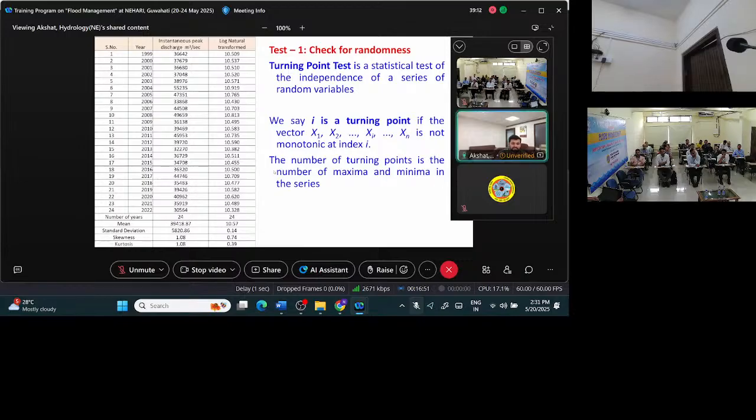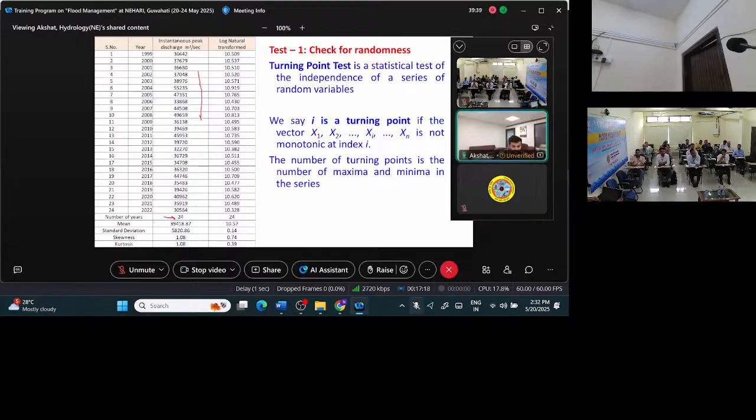So we have data at Pandu site. When this project was done, we have data from 1999 to 2022. So we had 24 years of data, and we converted our data into instantaneous discharge. The instantaneous discharge data is given in this column.